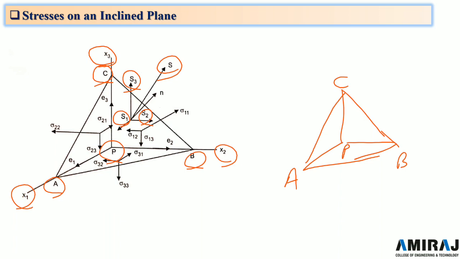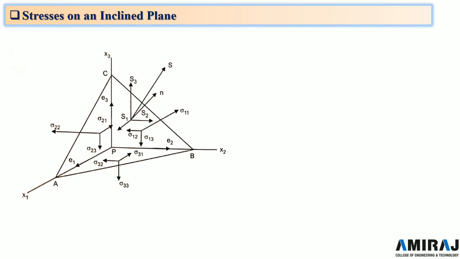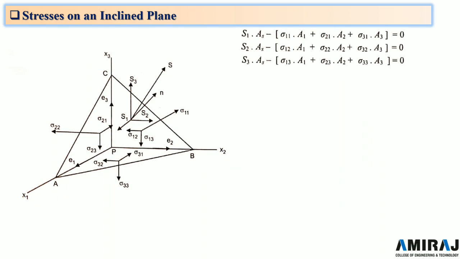So for that we can write S1 times the area AS of this plane ABC, minus sigma 11, which is in this direction and acting on this plane with area A1, sigma 21 is over here and sigma 31 is over here.